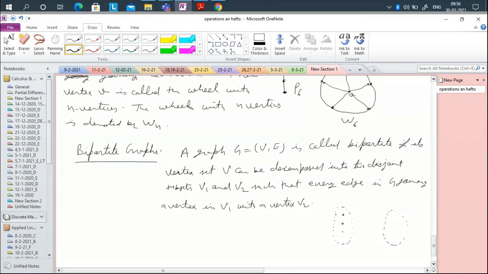Whatever edge is there, one end is in V1 and the other end is in V2. See, this is your V1 set, this is your V2. Whenever we have this type of graph, it is called a bipartite graph.